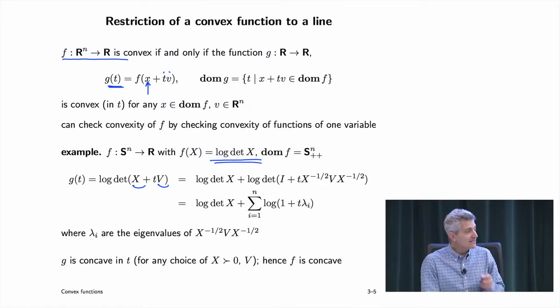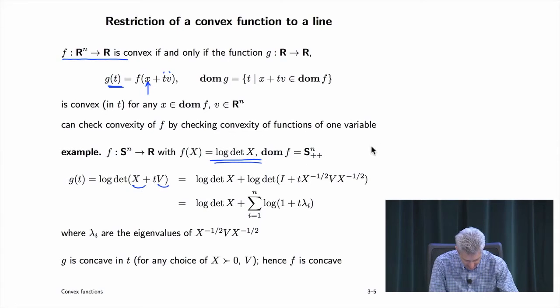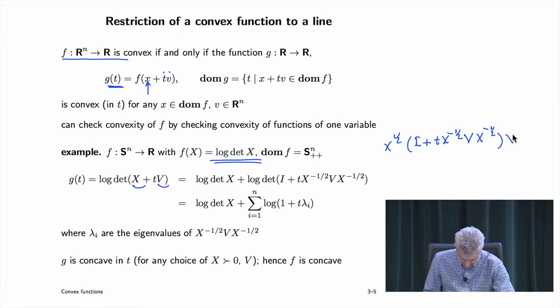Okay, so let's look at this on a line. Well, on a line, this thing is log det. There are several ways to do it, but I can pull out x to the 1/2 on either side of this thing and write this as x^(1/2) times (I plus t x^(-1/2) v x^(-1/2)) times x^(1/2).